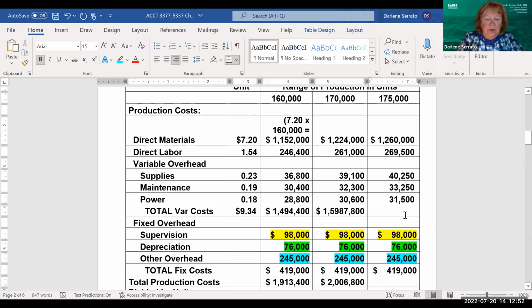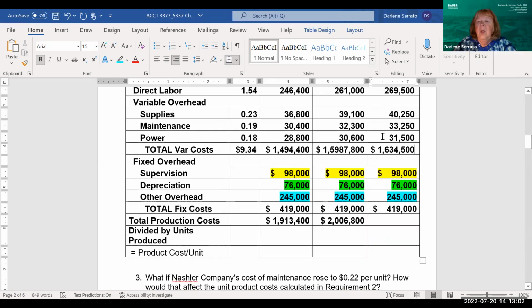So total variable cost ends up being 1,634,500. We add to that the fixed cost of 419,000, and that's going to give us 2,053,500.